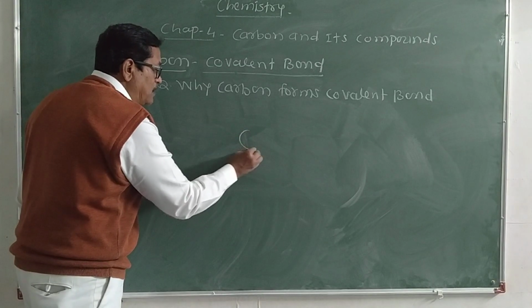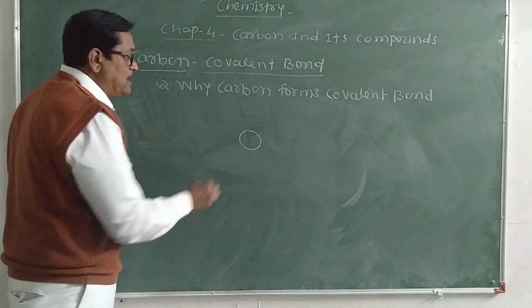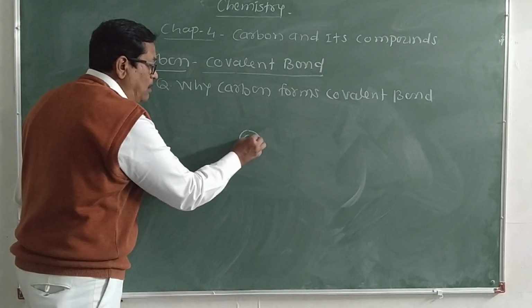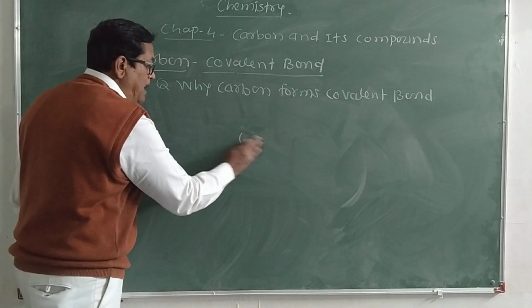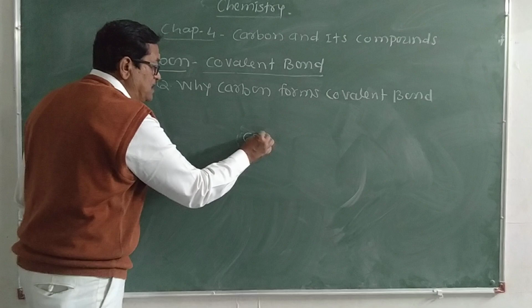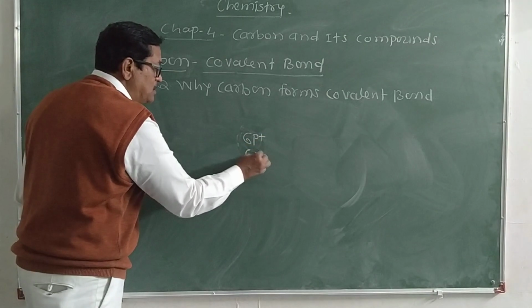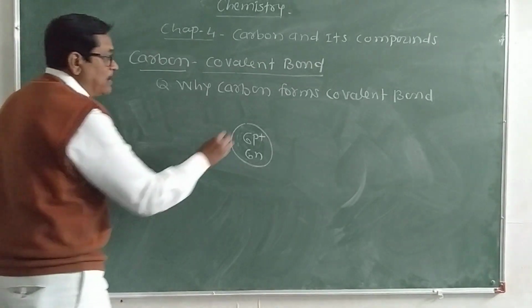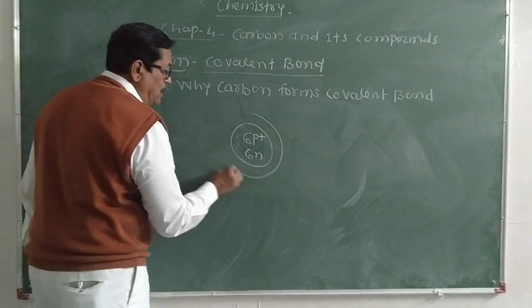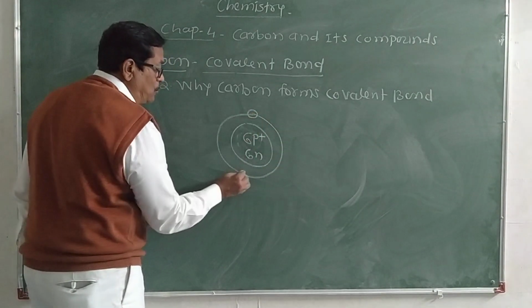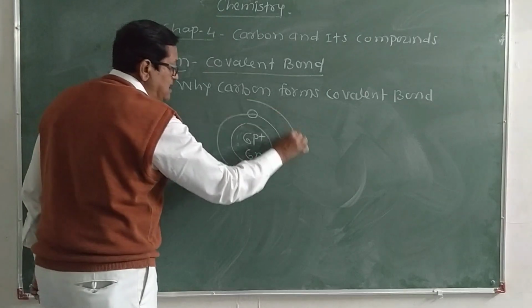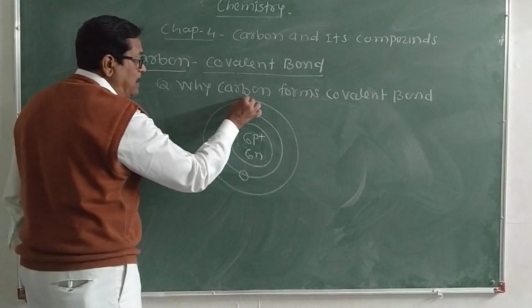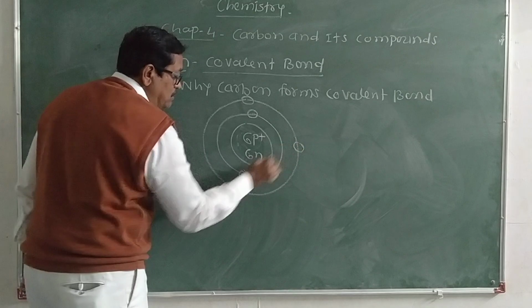Here is the nucleus. In this nucleus there are 6 protons, positive, and 6 neutrons. Then the first orbit of carbon has 2 electrons, and the second orbit has 4 electrons.